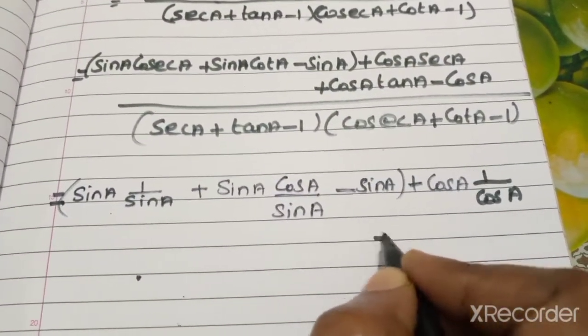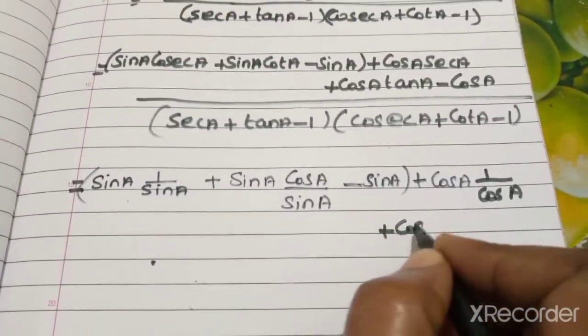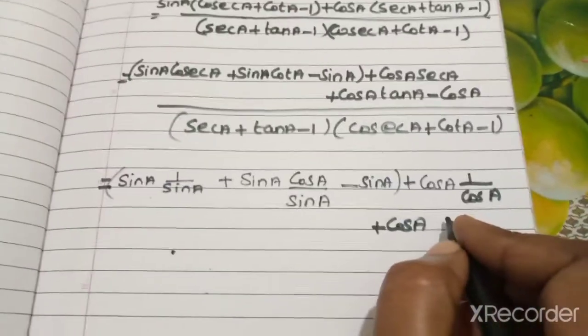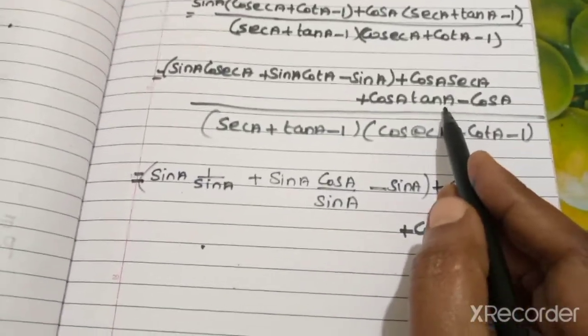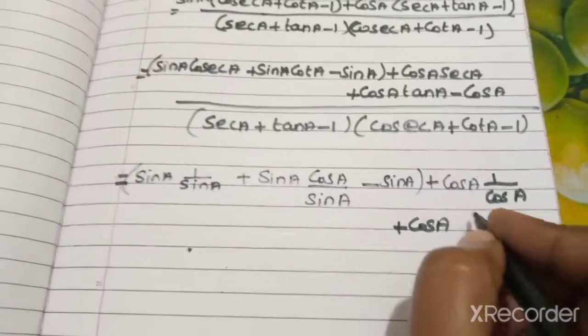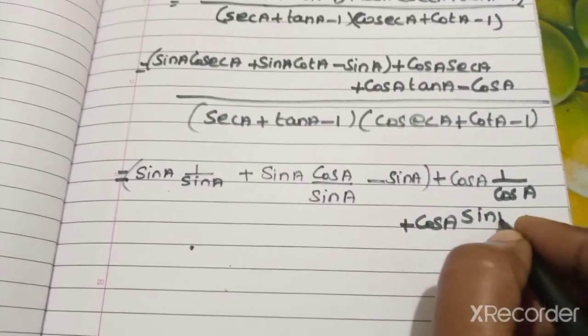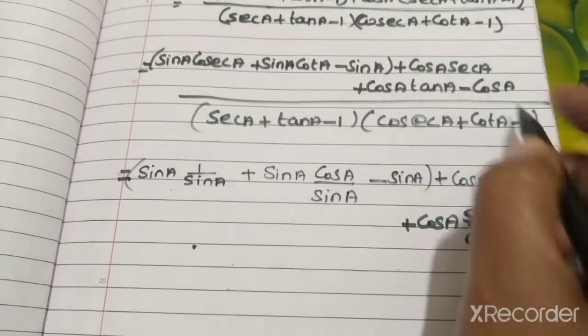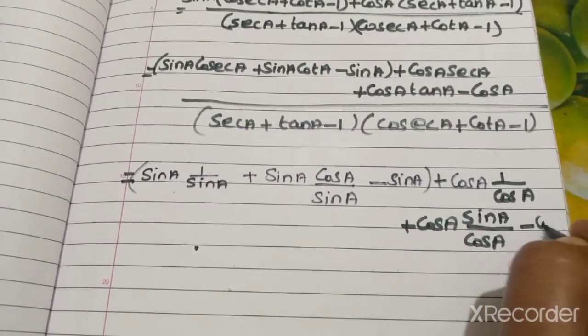Plus cos A into what is tan A? Sin theta by cos theta. What is tan theta? Sin theta by cos theta. So tan A can be written sin A by cos A, minus this cos A.